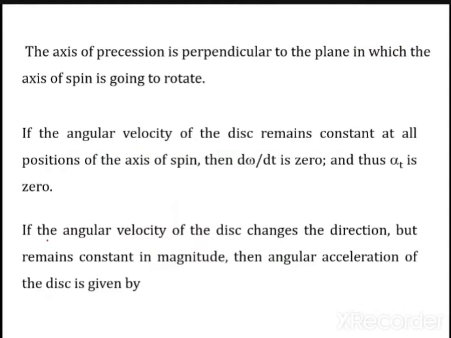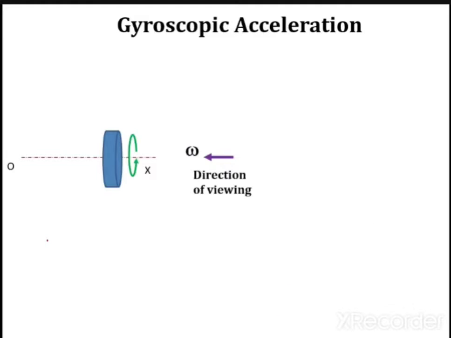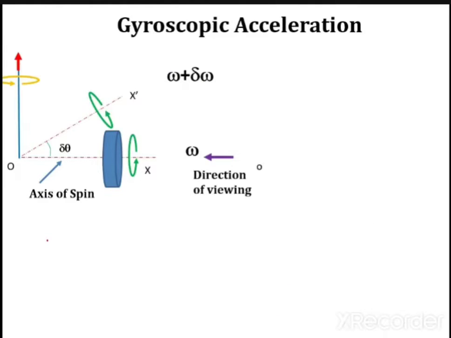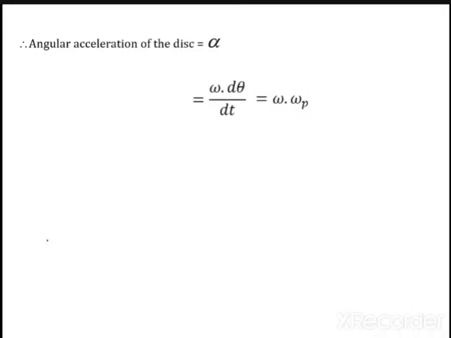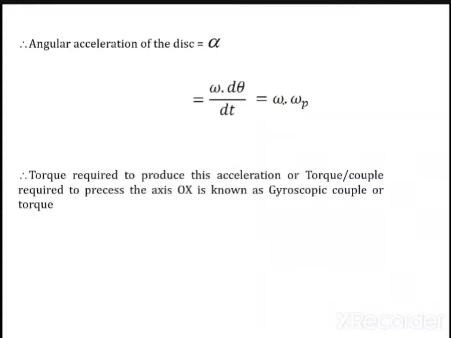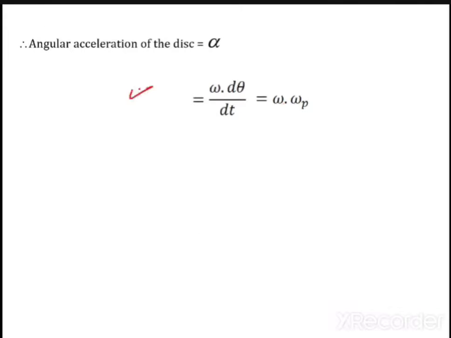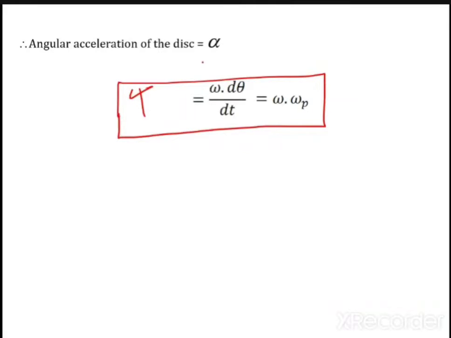Message me if you have understood this, so I can move forward. Now once you have understood this, the angular acceleration of the disk alpha is equal to omega into omega p. So this alpha equal to omega into omega p is called the gyroscopic acceleration.